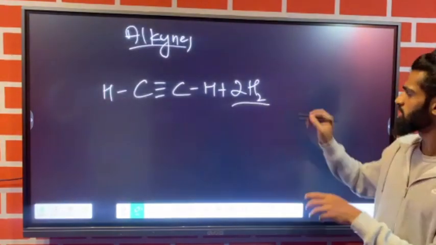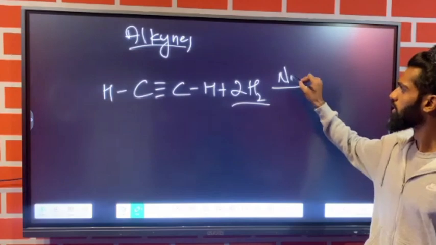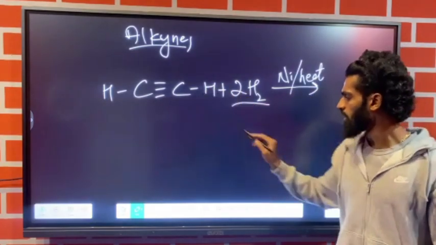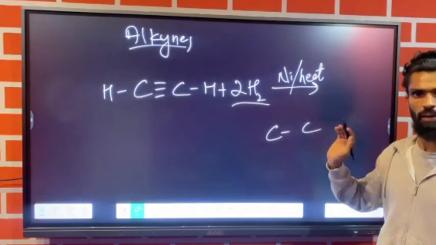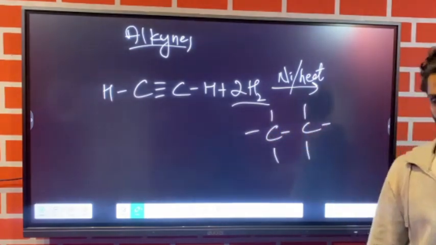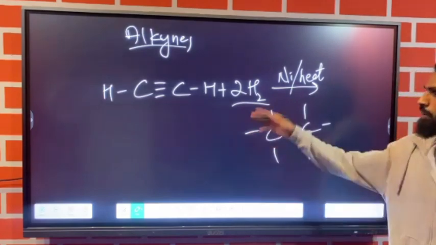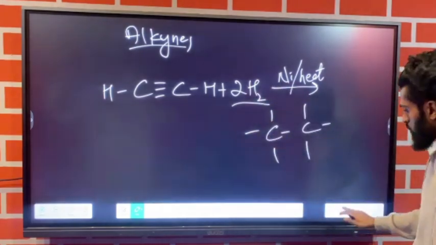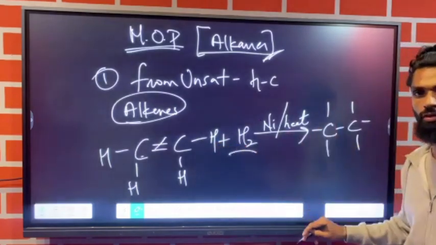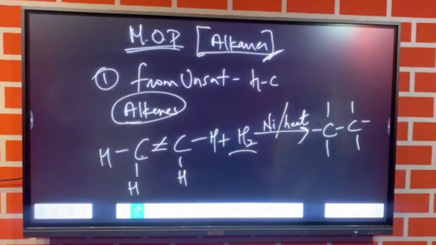Simple. What's the catalyst? Same catalyst. Nickel or heat. So what happens here? The bonds are completely broken. Try writing it without looking at the screen itself. I'll keep it here, but you start off with this. Write alkenes, write a double bond, and start off. Good. Do it.